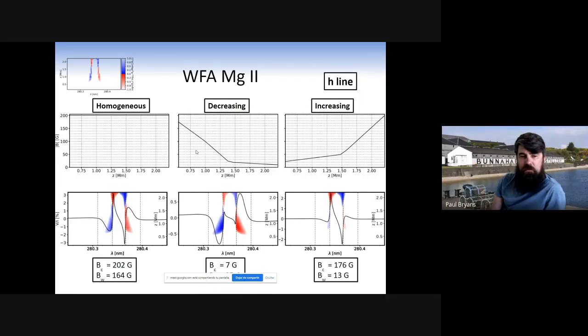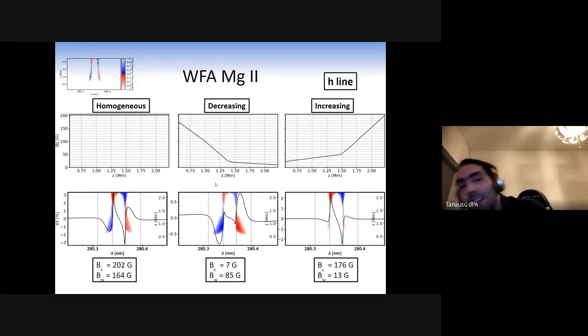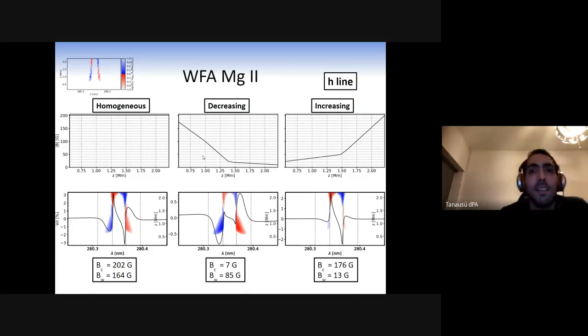So if you click the hide button, it should get rid of it. Okay, sorry. It's 85 Gauss, that is around here, and we see that the actual magnetic field is around 120 Gauss. So again, we have an underestimation of around 40 Gauss in the estimation of the longitudinal magnetic field using the wings.